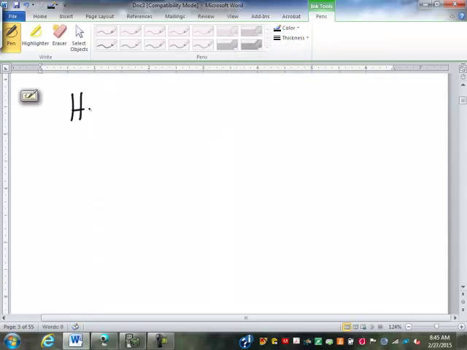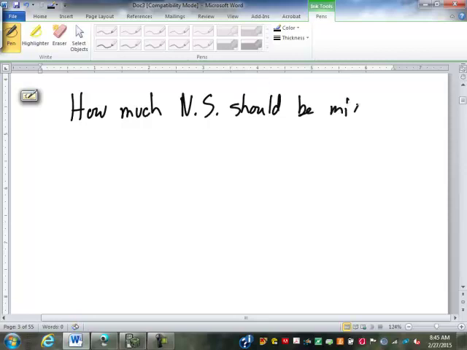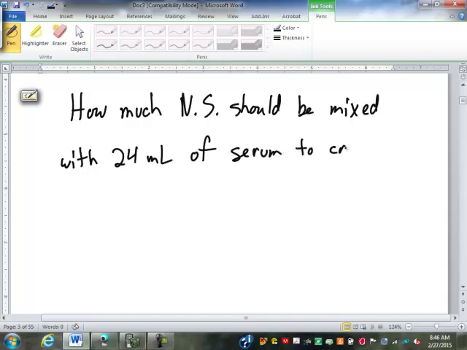Slightly different question. How much sterile water should be mixed with 24 milliliters of serum to create a 3-in-7 dilution?